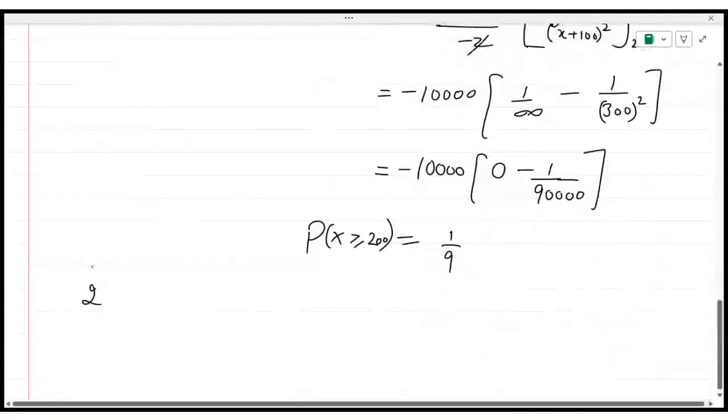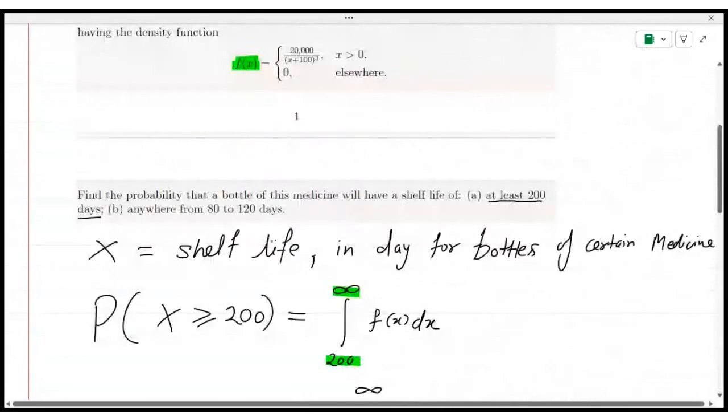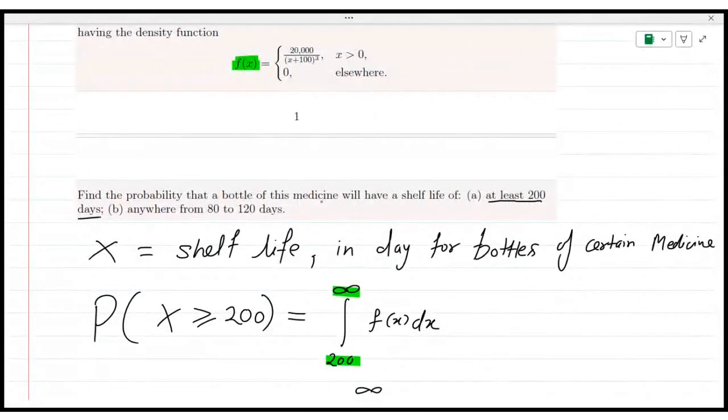The second part was the B part, you can see here. Find the probability that a bottle of this medicine will have a shelf life of anywhere from 80 to 120 days. Now we have to find what are the chances that the bottle of this medicine will live between 80 to 120 days.